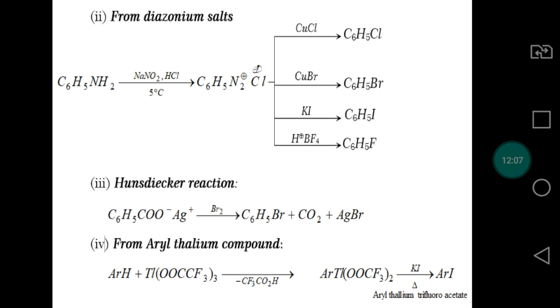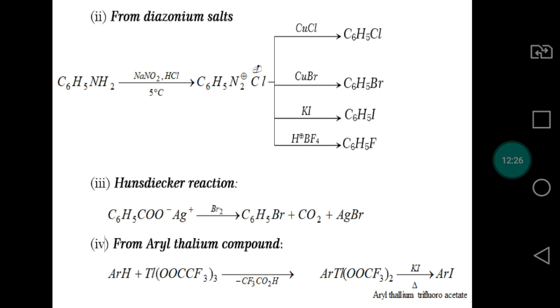The formula is C6H5N2+ Cl-. This diazonium salt is very stable, and if we do various reactions on it we will get various halides. Again, a few name reactions are there.